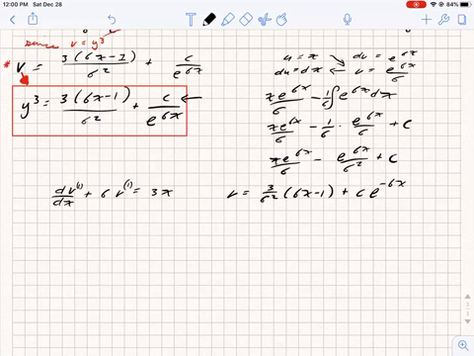We just brought that e to the 6x up by making the exponent negative. So we found a substitution for v. Now we need to find a substitution for dv dx. So taking the derivative of this, we're still left with the constant. And the derivative of all this good stuff is just simply 6.